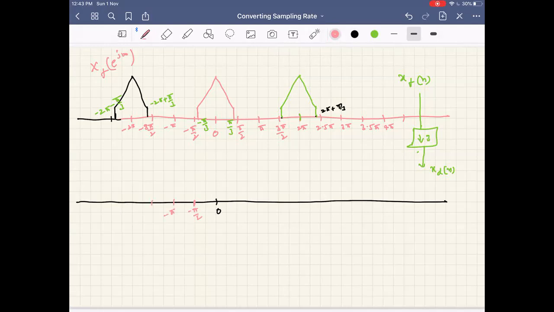this is minus 1.5 pi, and this is minus 2 pi, and this is minus 2.5 pi. Okay, so similarly, let us write this side as well.